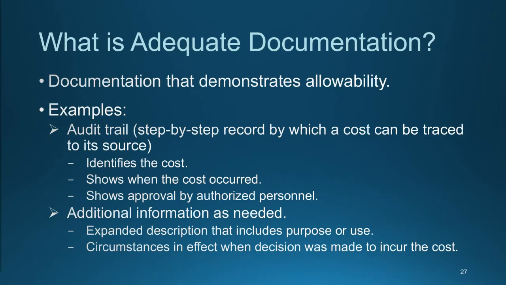It's a really good idea to make a memo to yourself, to the file, and attach it to or include it in the purchasing documentation or whatever accounting documentation you have at the time, just to make a note of what the circumstances were, what the logic was for incurring that cost, and the benefit to the grant award, to detail those kinds of pieces of information. So I think that covers that slide.